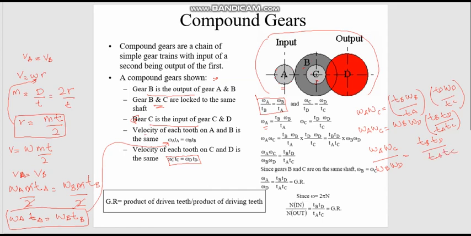And since gear B and gear C are connected together, we can say that omega B is equal to omega C. So we can cancel that. Omega B and omega C cancel out, and what we have is omega A over omega D equals TB TD over TA TC.